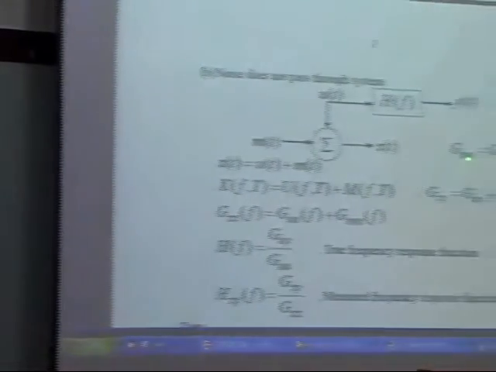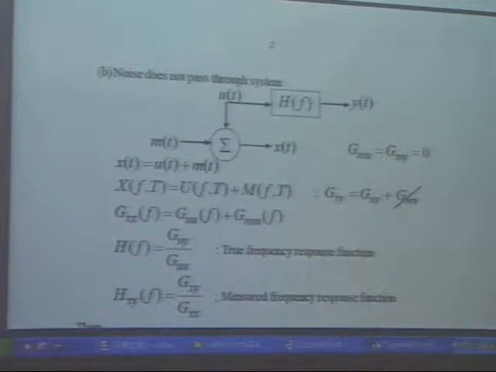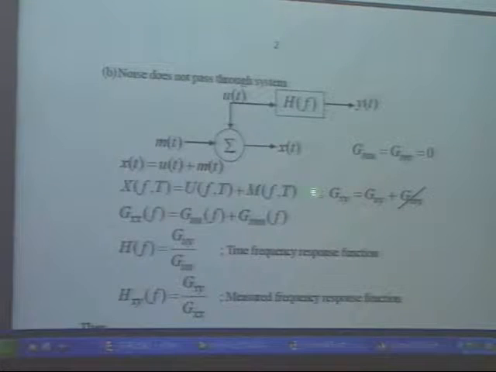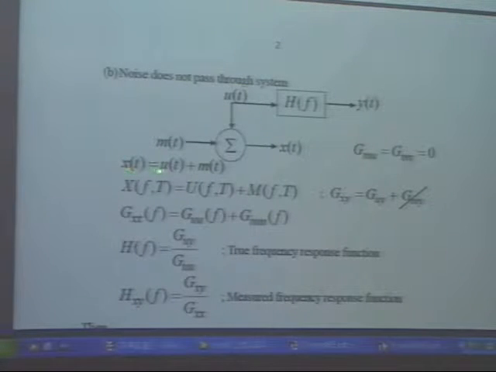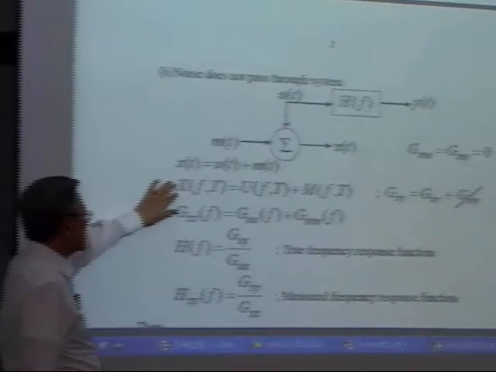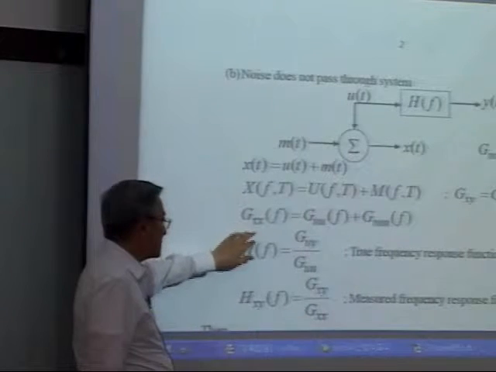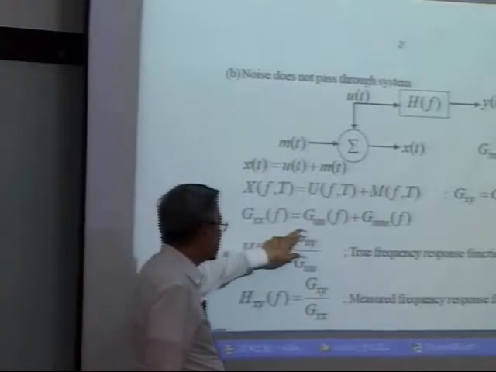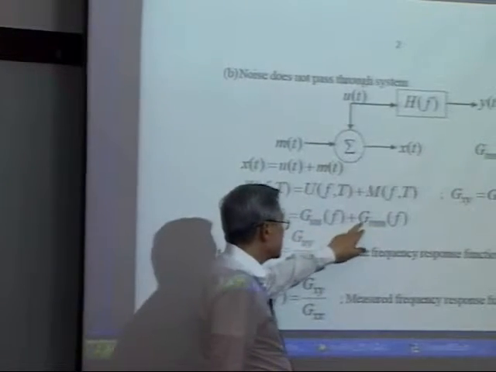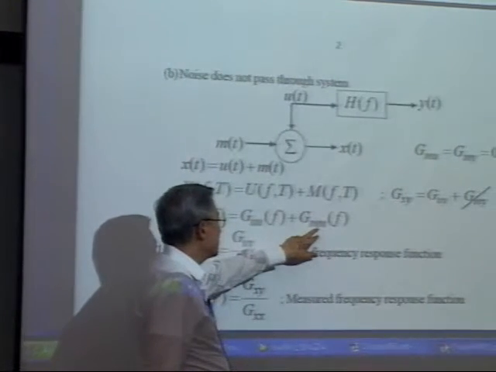So GMU, GMY is equal to 0, and so X is equal to U plus M. In frequency domain, it is capital X, U plus M. Then at this stage, you can throw it into the spectral domain. So GXX is GUU plus GMM.